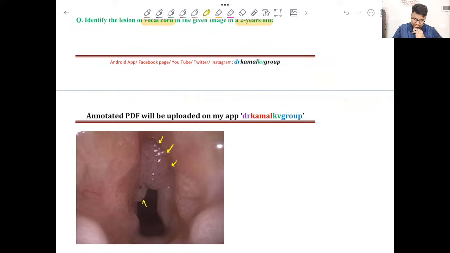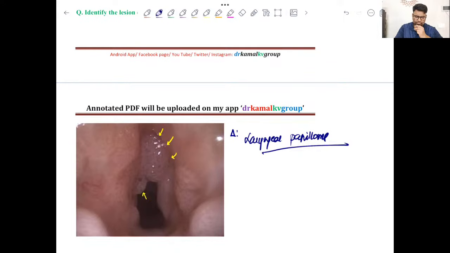So yes, any idea what is this? Now this is known as laryngeal papilloma, right? So laryngeal papilloma or papillomatosis, and again this is caused by human papilloma virus.